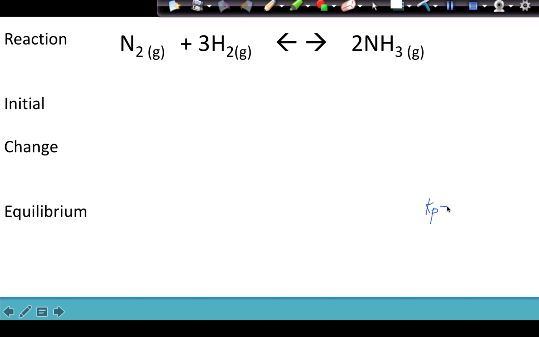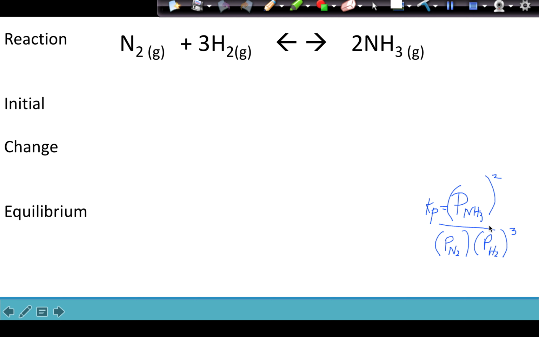Remember, Kp equals the pressure of the products over the pressure of the reactants to the power of their coefficients.